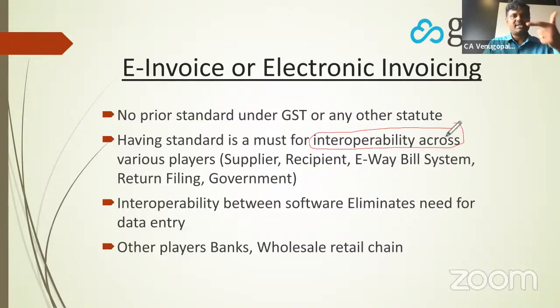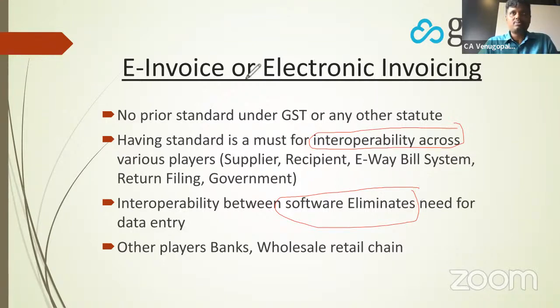It could be supplier, recipient, e-bill, e-commerce, return filing, everyone. And another interesting objective is to make interoperability between softwares. Today, a vendor issues an invoice generated from an SAP or Oracle system, and you are maintaining the books of accounts in Tally, and you do not have a mechanism to post the accounting entries.